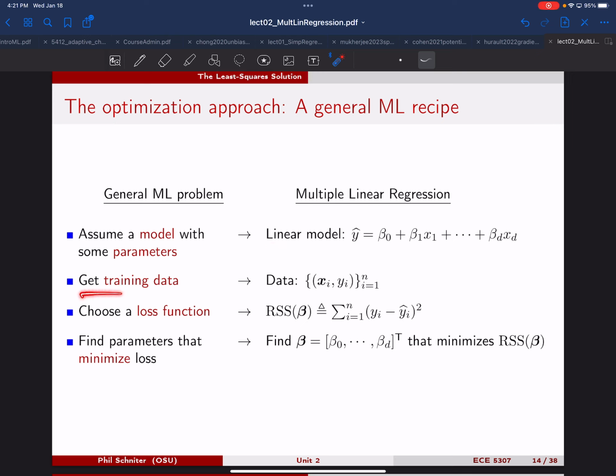We get training data somehow out in the world. Once we have that data, we can define a loss function. In this case, we've chosen the RSS, which is the sum of the squared prediction errors. And finally, the last step is to find the betas that minimize this loss on the training data. That's the part where we're at currently.